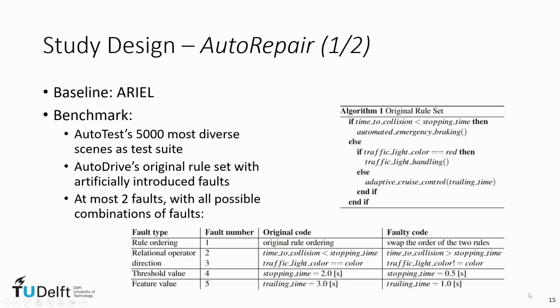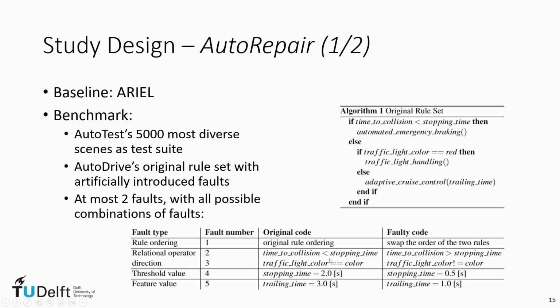So I've included a table of different kinds of faults. The first fault type is rule ordering. In the original code, we have the original rule ordering, and then in the faulty code, we would swap the order of 2 rules. Then another fault type could be the relational operator direction.